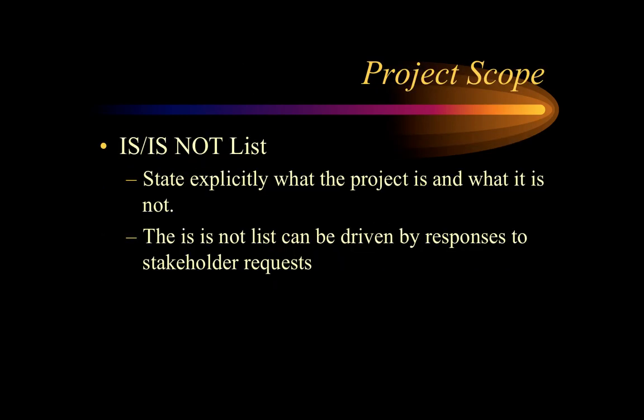Project scope, I could articulate that by what we call an is-not list. This project is about a car. It's not about solving a transportation problem. It is about creating affordable cars for developing markets and so forth. So you could figure out what the project is, but it's also important to stipulate what it is not, because there are people who will want all sorts of things.